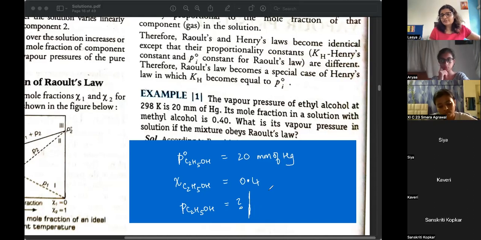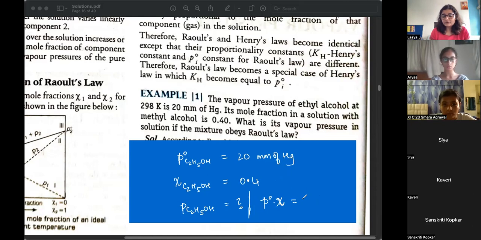So Raoult's law, you just wrote it, right? What does Raoult's law state? What is the formula? The first one was P1 equals P naught into x1, multiplied by x. What does it equal? P naught into the mole fraction, what does it give you? Ma'am, that is 8.